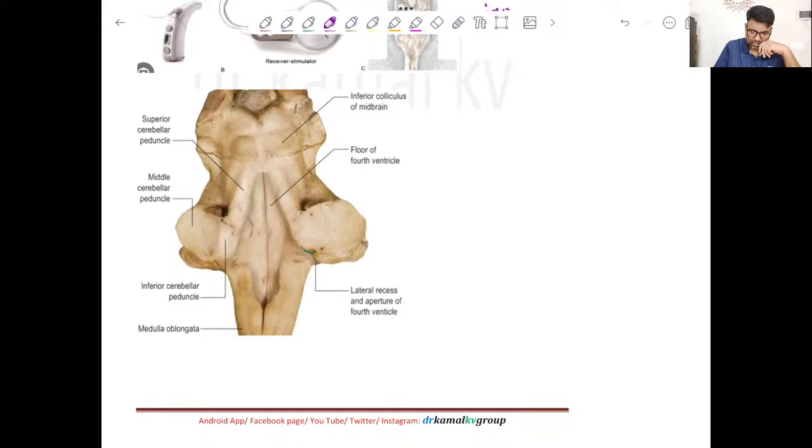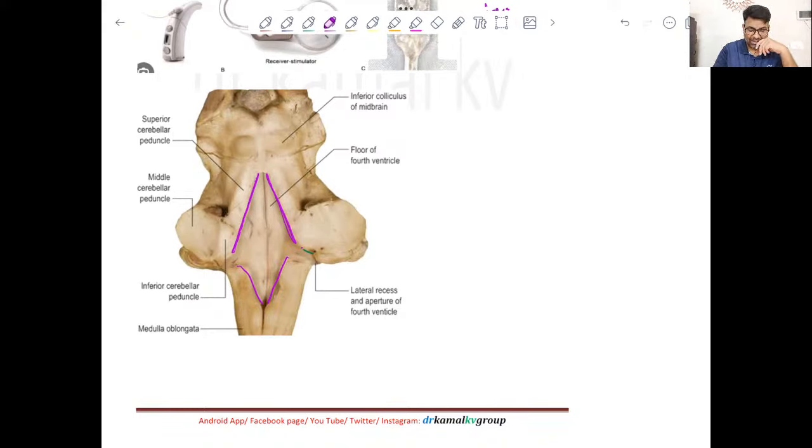If you can see, this is the fourth ventricle, a diamond shaped space, okay. And you know that from the fourth ventricle, the CSF leaks out into the subarachnoid space through a central foramen of Magendie and two lateral foramina of Luschka.